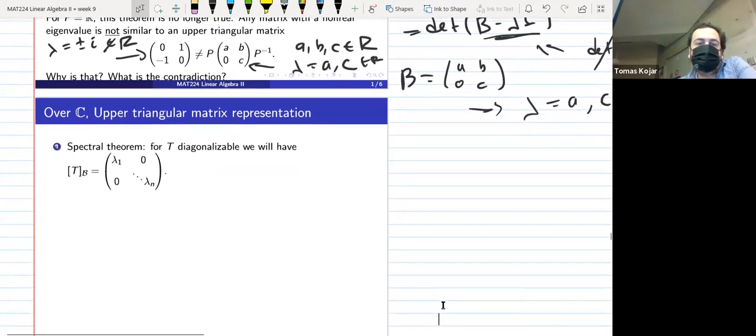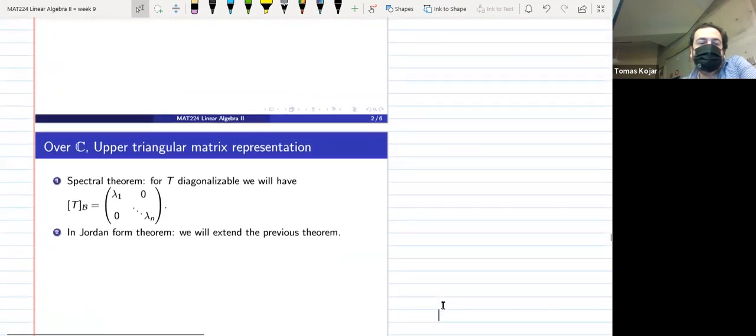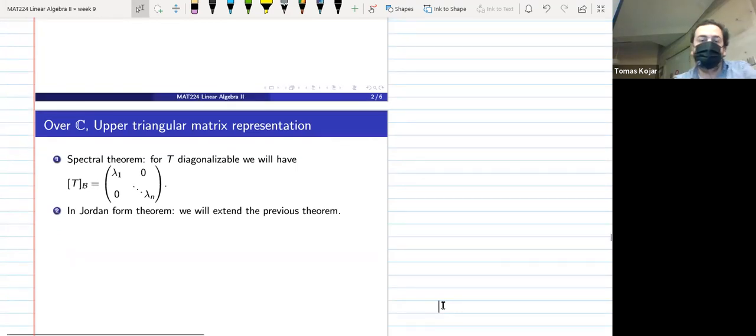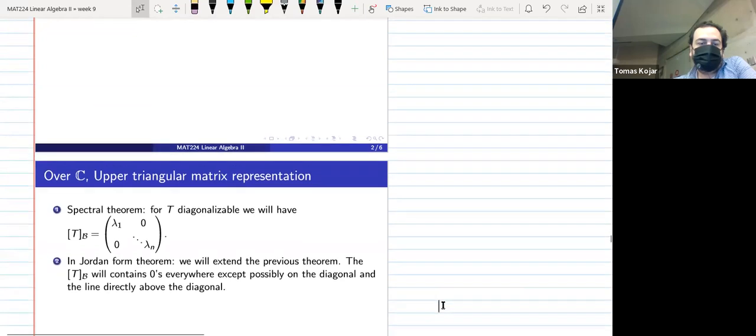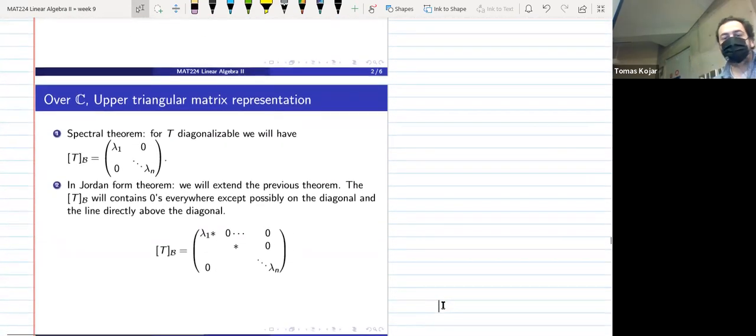All right, expected theorem. Next week we're going to prove this for normal maps. The next 2 weeks we're going to extend the result we just talked about. Namely, any linear map can be written in the following form. It will be upper triangular, but with a little bit of stuff above the diagonal, and then zeros.